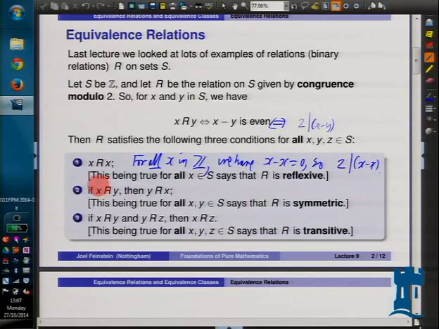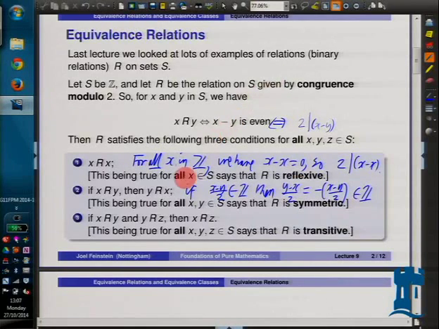The next one. This is for all integers x and y. It's true that if x is related to y, then y is related to x. Why is that? Well, if x minus y over 2 is an integer, then y minus x over 2 is equal to minus x minus y over 2, which is also an integer.